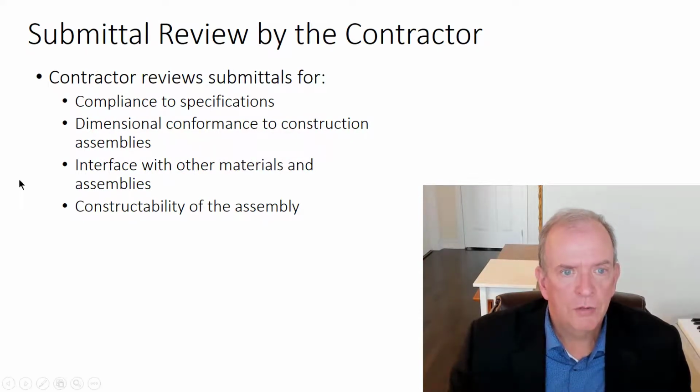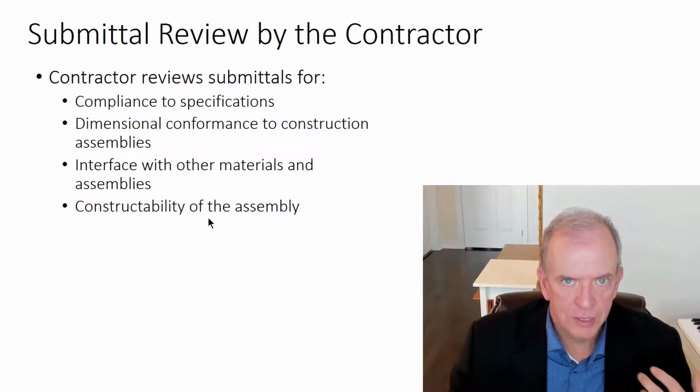So, the contractor reviews submittals for compliance to specifications, dimensional conformance. You want to make sure it's going to fit. Interface with other materials, and constructability. Sometimes things on drawings look fine, but can they actually work in the field? And that's where the GC accelerates. That's where a good site superintendent accelerates. They understand how things go together.